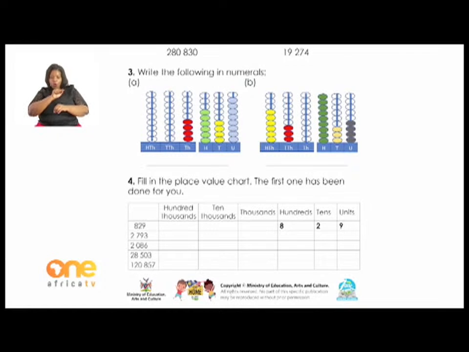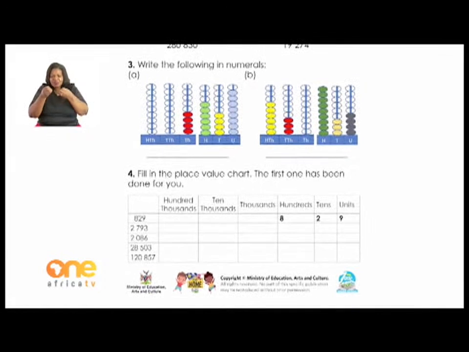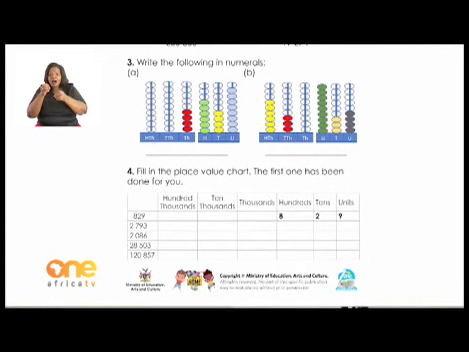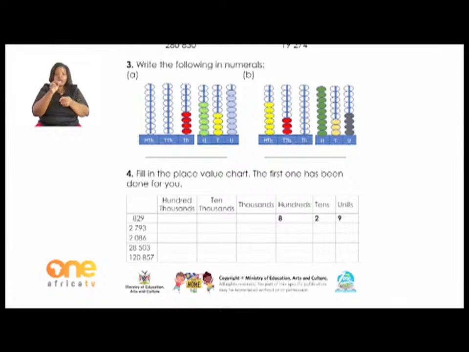You can use a pencil first and then write them on the line nicely with a pen. You have to look at the units, how many shaded circles are there. Then you write your digit as a unit. You go to the tens and so on. I think that's also easy.